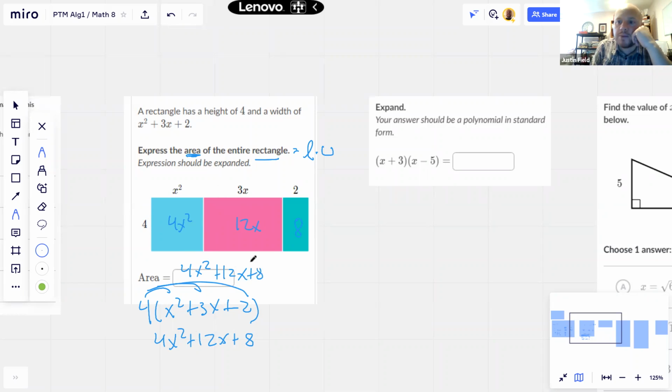Hopefully that's not too bad. But sometimes we don't have the rectangle written. Or I like to write a little rectangle because I think it's helpful when I teach, and it's even helpful when I do it for myself. So x plus 3 goes along the side. x minus 5, we're going to put those numbers.